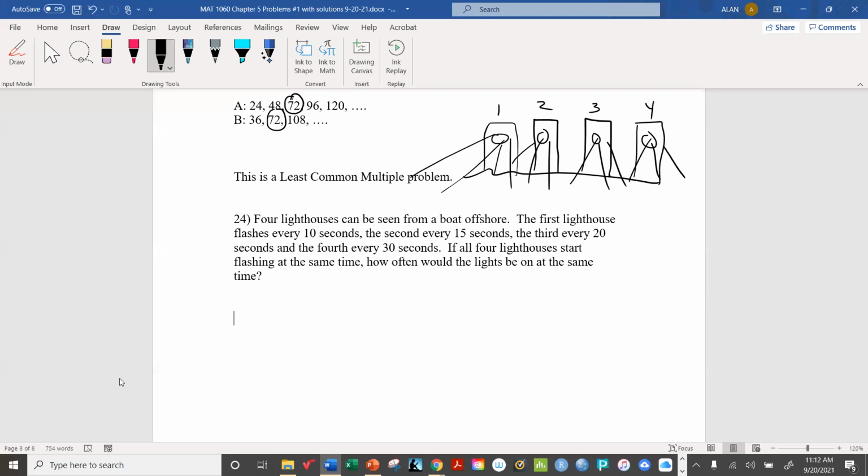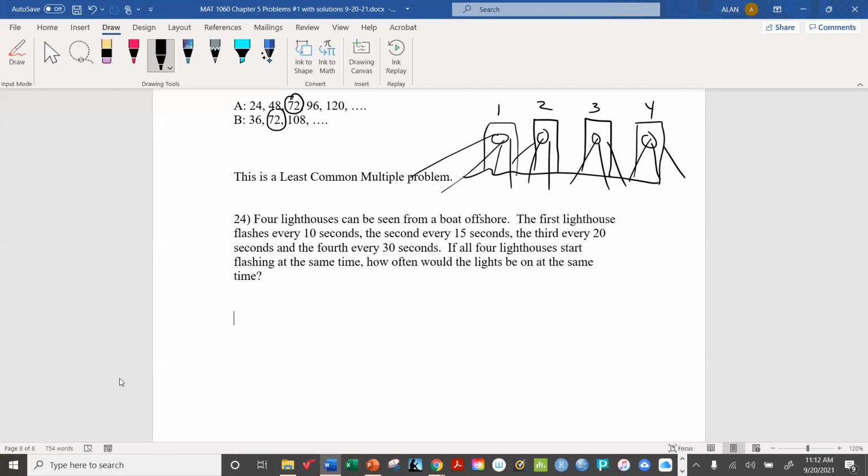So in this case, we're going to assume that they start at the same time. The first lighthouse, lighthouse 1, goes off every 10 seconds. So let's write a list of how often the first lighthouse will flash. Lighthouse 2 has been set to go off every 15 seconds.